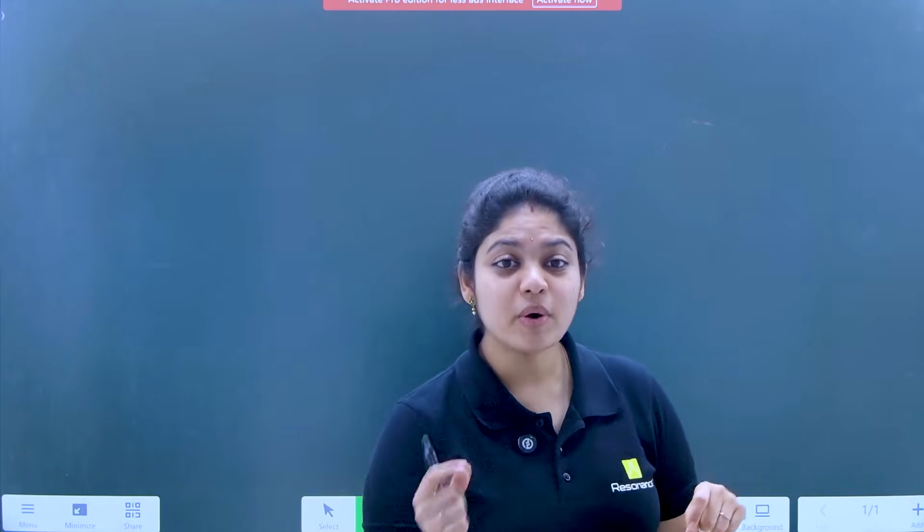Coming to the shape of human RBC, the human RBC is biconcave in shape. Where is it produced? It is produced in the bone marrow by the process of erythropoiesis. How does erythropoiesis occur?